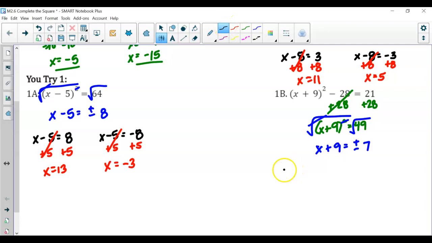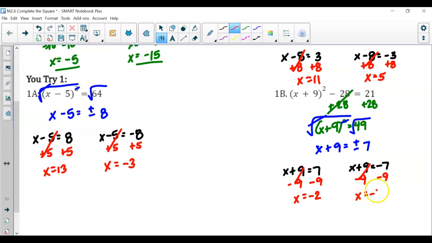Then when you set up your equations, x plus 9 is equal to 7, and x plus 9 is equal to negative 7. Now when you go through and solve, subtract 9. So here I've got x is equal to negative 2, and subtracting 9, x is equal to negative 16.